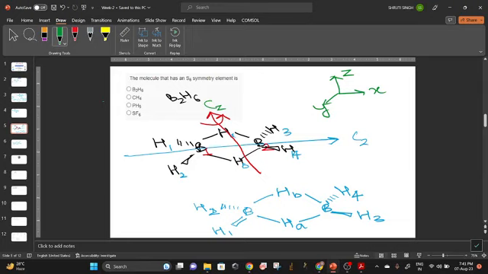The red one is CZ. The blue one is X. Okay, so there will be one more passing through this, like this, which will be C2Y.